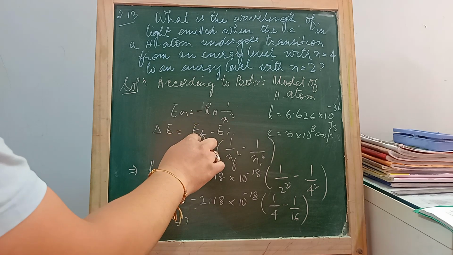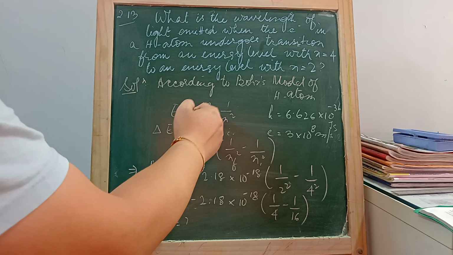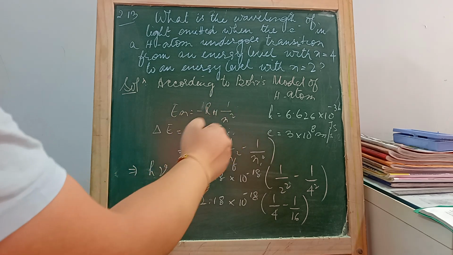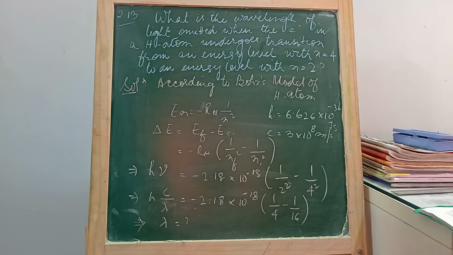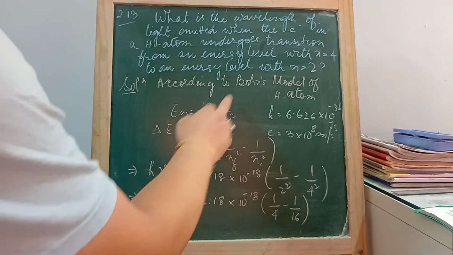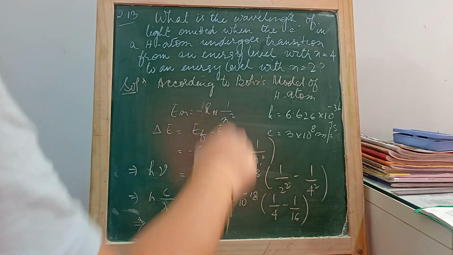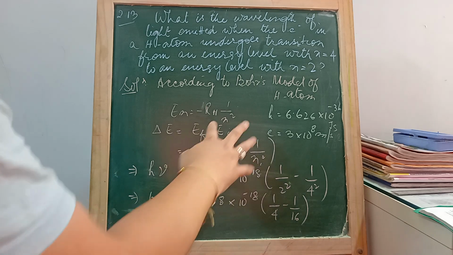The energy in the final shell will be given by minus RH times 1 by nf square, and the energy in the initial shell, that means the fourth shell, will be given by minus RH times 1 by 4 square.